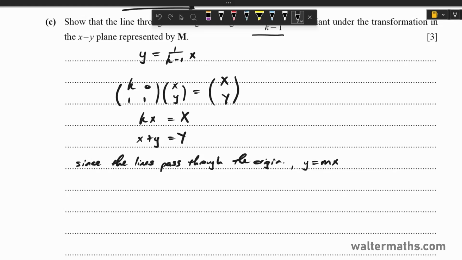So wherever there's y, we're going to put mx. This is equation 1 and this is equation 2. Equation 1 is fine: kx is equal to big X. In equation 2, where there's y, we're going to put mx. So it's x plus mx is equal to big Y.